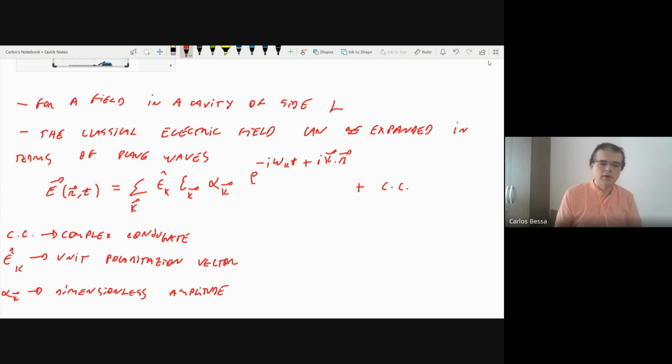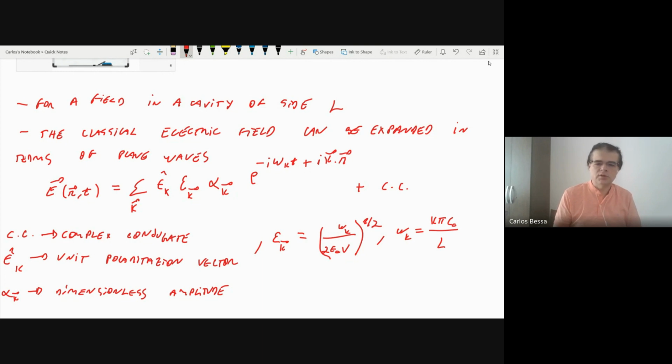What else? This E_k here is the definition. ω_k is just k π c_0 over L. There is no h-bar.